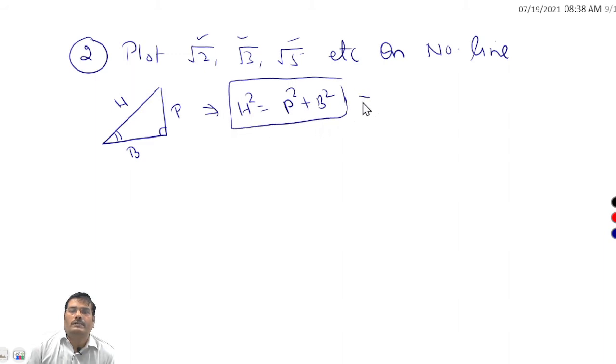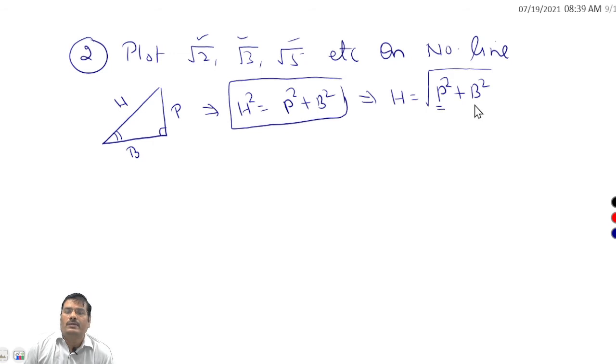So in place of h, we have to write p square plus b square, that is whole square of perpendicular plus whole square of base, then its square root.